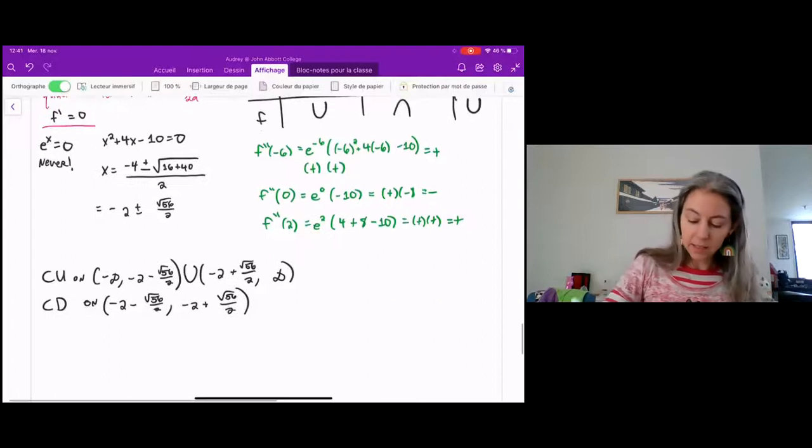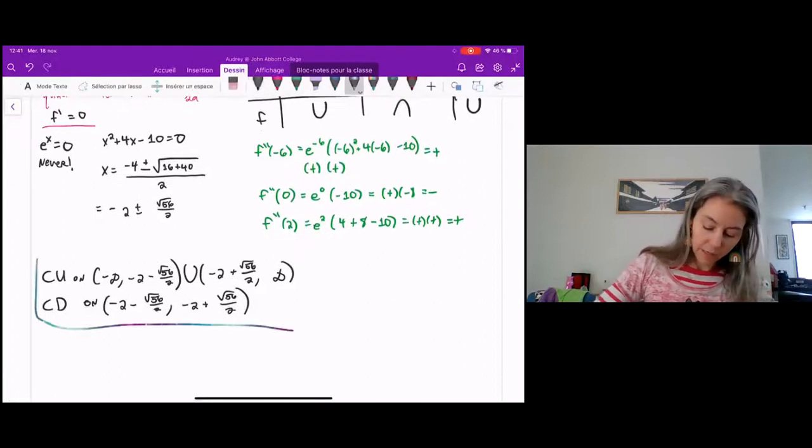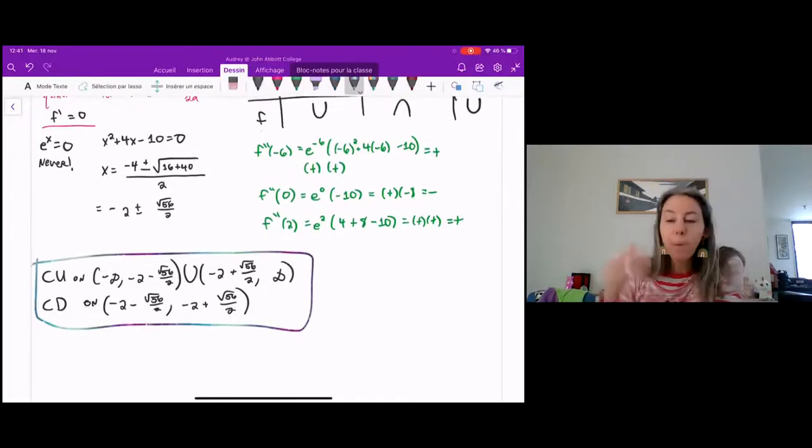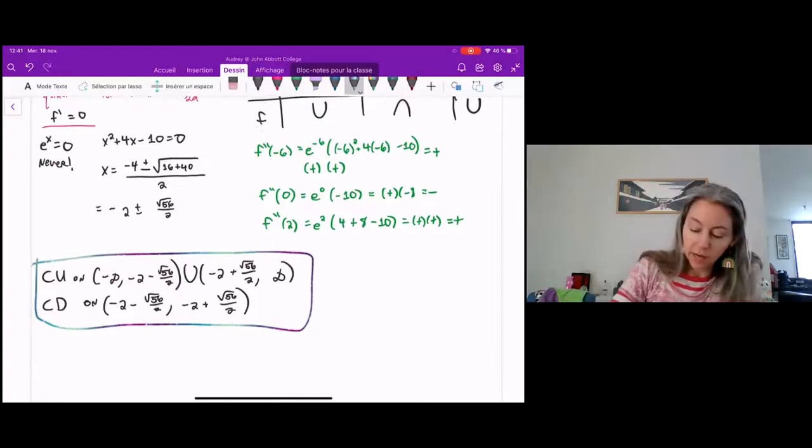And that is my intervals of concavity. And both of those values represent inflection points because concavity does indeed change at them.